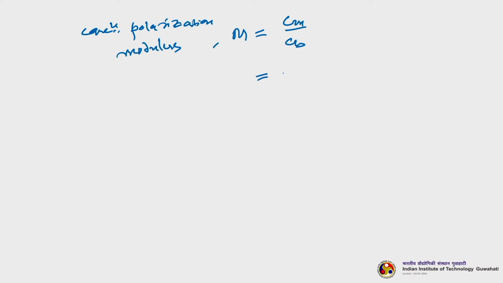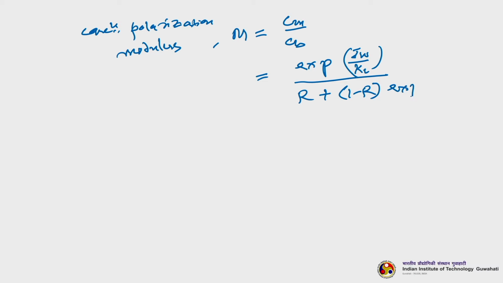equals exponential of JW by KL. JW is your water flux, divided by KL, the mass transfer coefficient. So, divided by R plus 1 minus R, again exponential to the power of JW by KL.